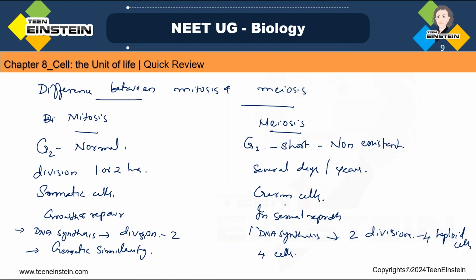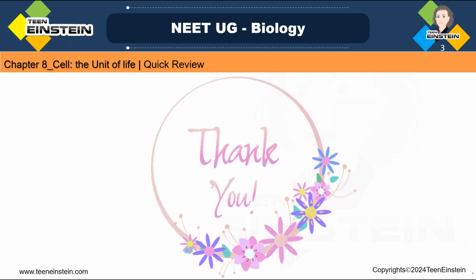If you learn all those concepts, it will be very easy to answer these questions. The picture should be in your mind. Okay, clear? So we'll see in the next class.